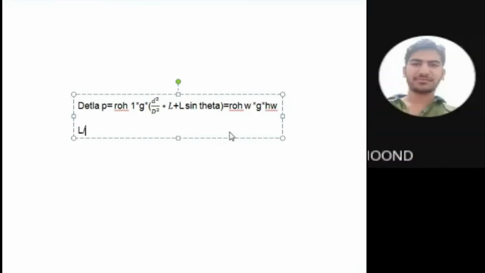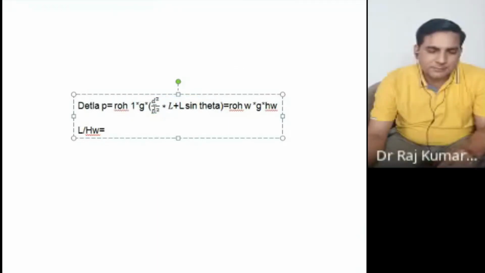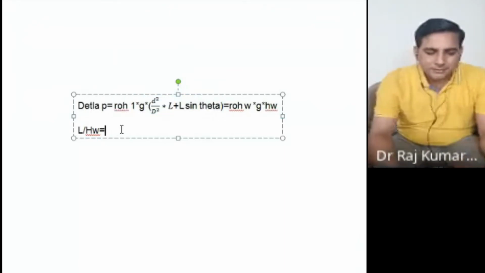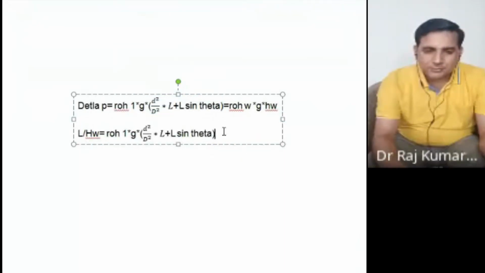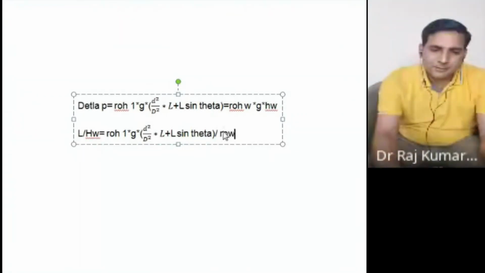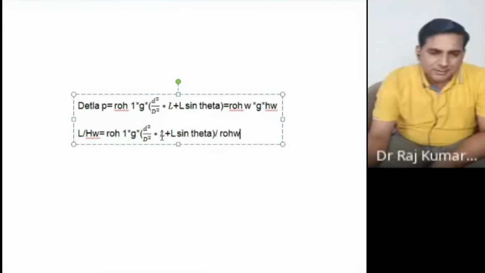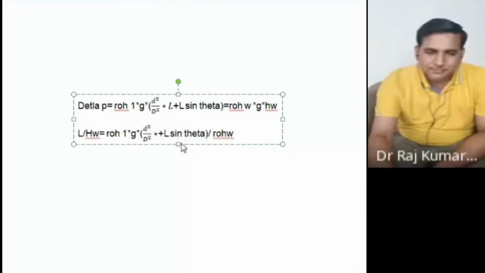L upon HW would be how much? Rho 1 upon rho W, in brackets d square upon capital D square plus sin theta. So that would be this whole thing divided by rho W, right? Yes or no? Correct. From here L would go.